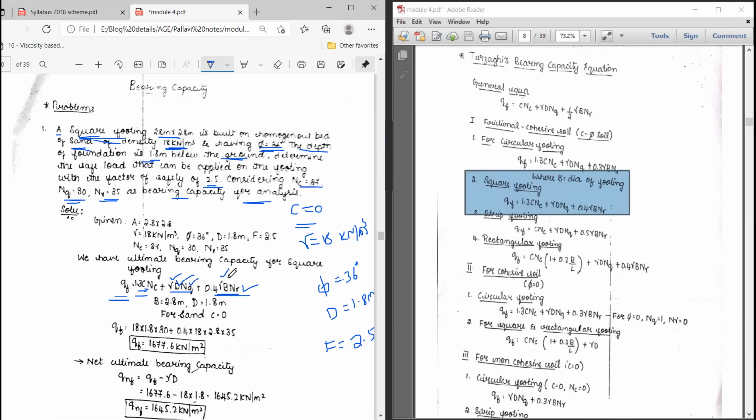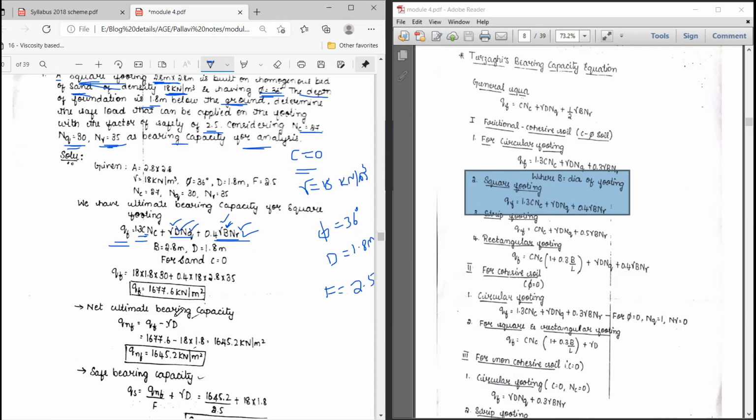Then again gamma and B stands for the base or width of the footing, 2.8. N gamma also he has given in the problem, it is 35. So substitute and solve, and you are going to get ultimate bearing capacity of the soil equal to 1677.6 kilonewton per meter square.